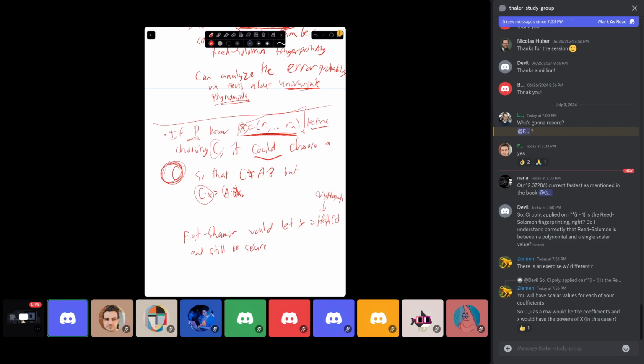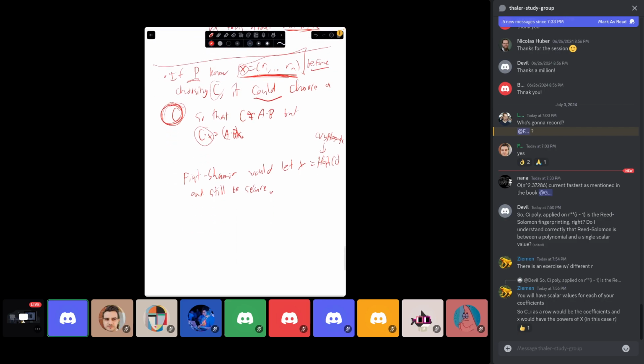But in this protocol as I described it today, forget about Fiat-Shamir. Say the verifier chooses X at random after the prover sends C. And so, clearly the prover doesn't know X when it selects C.